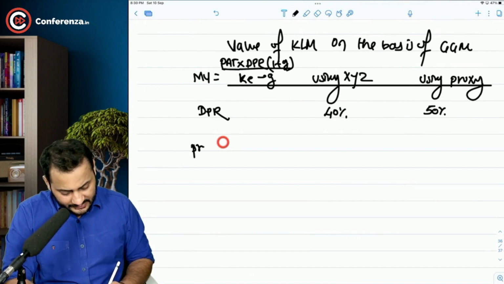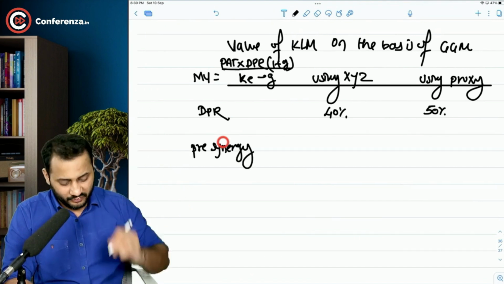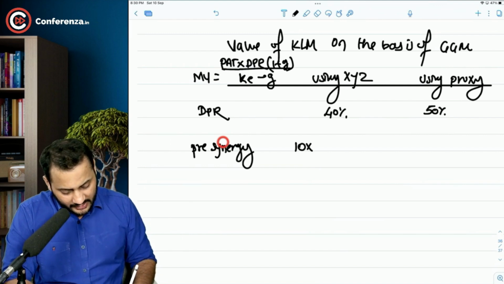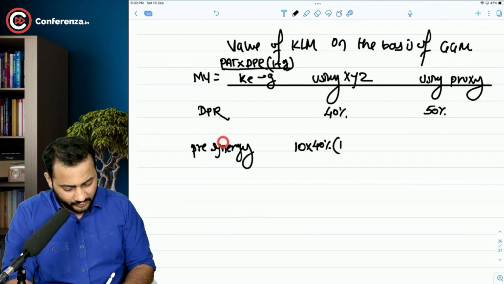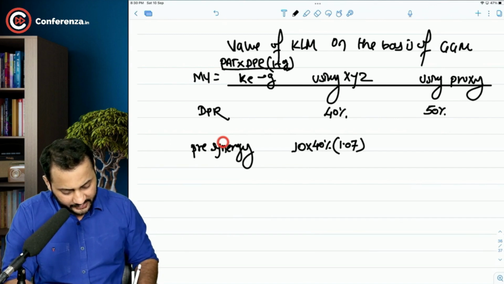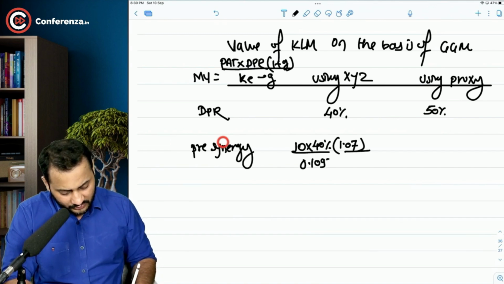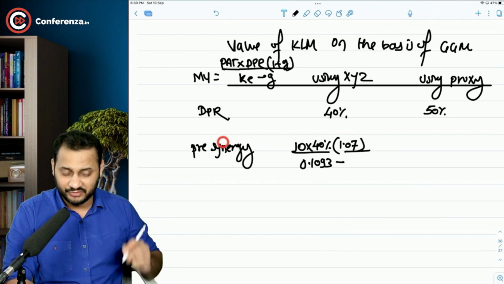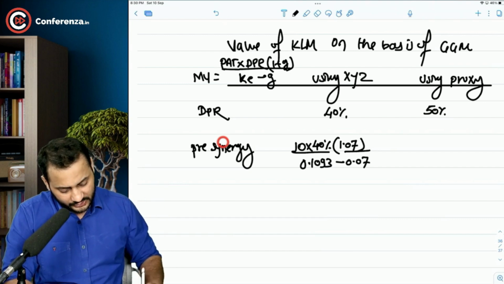Now, pre-synergy value. Understand, what is profit after tax? 10 crore multiplied by the payout ratio 40% and multiplied by 1.07, where 7% is the growth rate given in the question, divided by 0.1093, the cost of equity that we have just calculated, minus 0.07.